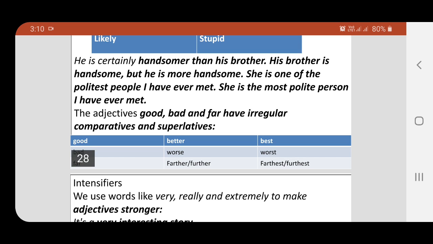Good, better, best. Bad, worse, worst. Far, farther, farthest. So these are some of the adjectives which are used in comparative forms.